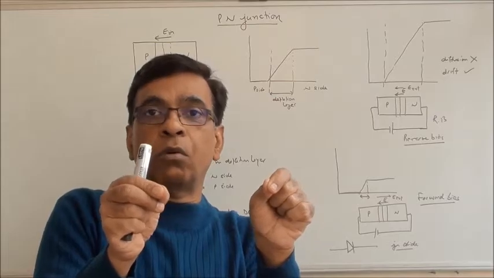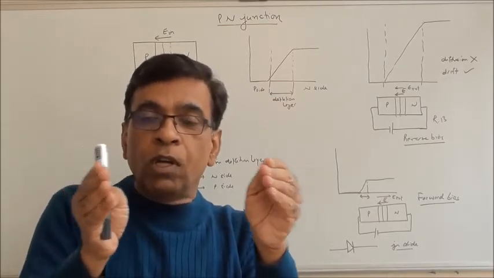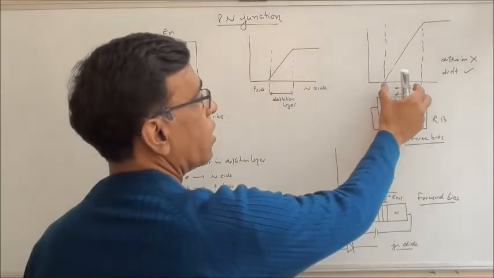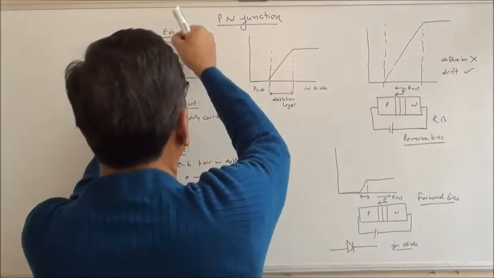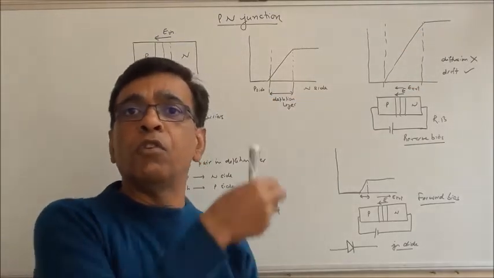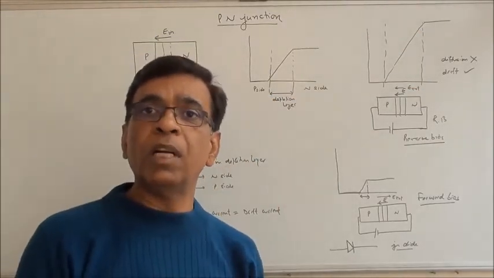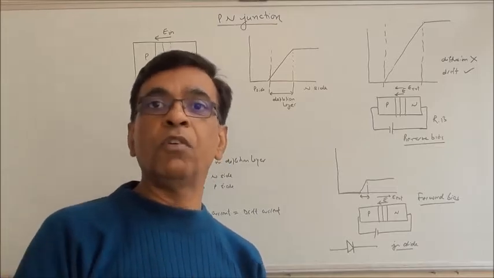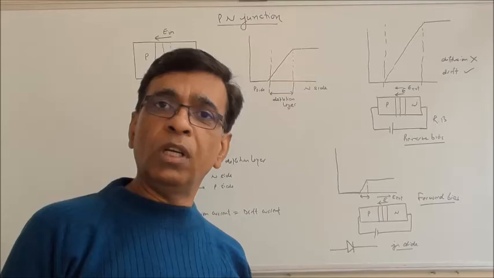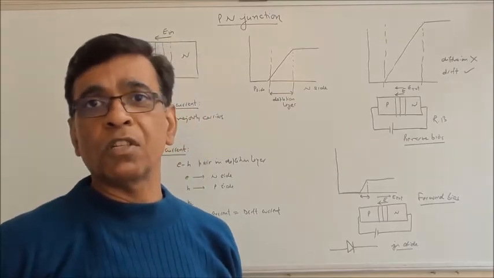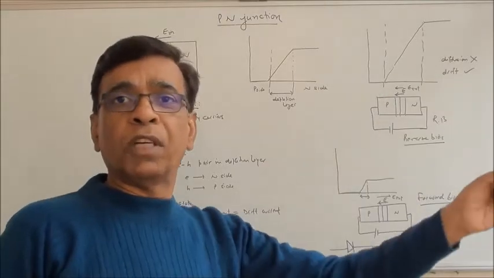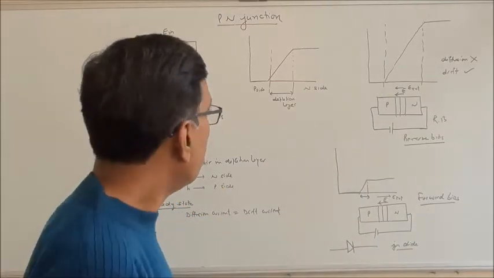The electrons and holes will move further apart from the junction, and the potential barrier will increase. So diffusion will decrease, but drift still continues. Only a very small current flows across the junction, because of the electron hole pairs produced, electrons moving to this side, holes moving to the P side.